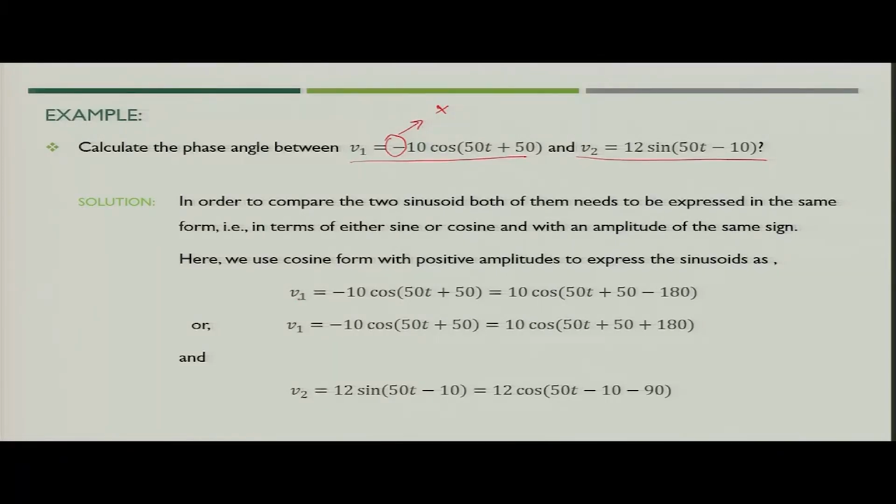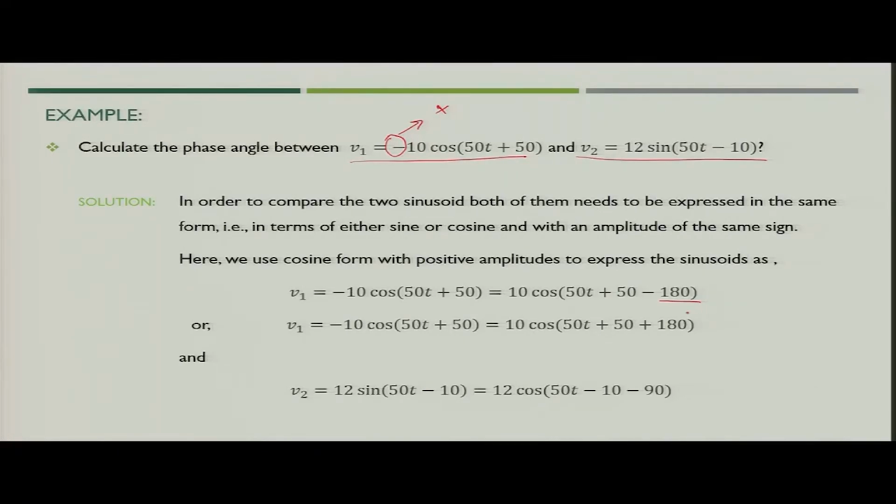So, V1 is equal to minus 10 cos(50t + 50 degrees) can be converted as plus 10 cos(50t + 50 minus 180 degrees), because cos(omega t minus 180 degrees) will become minus cos omega t, as well as cos(omega t plus 180 degrees) will also become minus cos omega t.